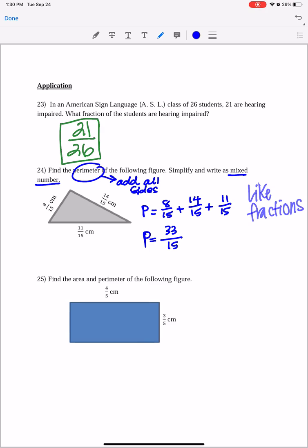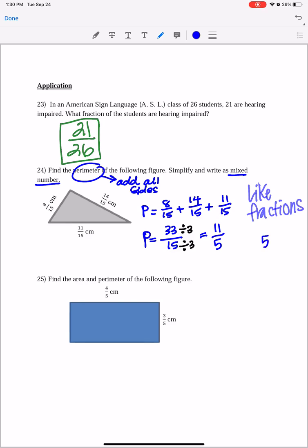First, before I move this to a mixed number, is this in simplest form? Hopefully you said no, because I can divide both of these by 3. So 33 divided by 3 is 11. 15 divided by 3 is 5. So now that this is in simplest form, convert it.